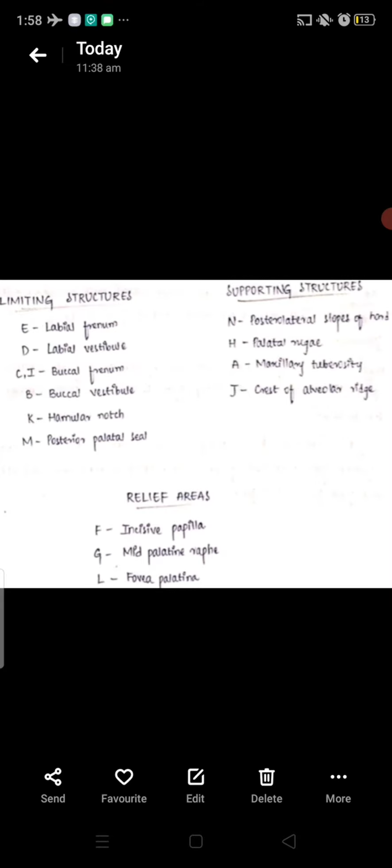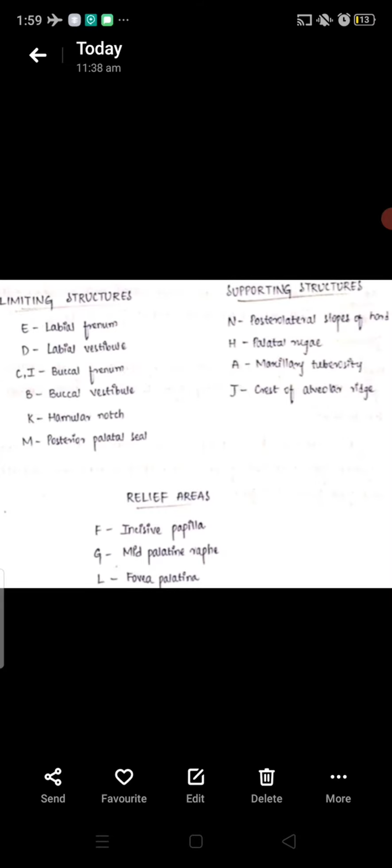Second is the supporting structures. Supporting structures are those structures which support the complete denture and resist the horizontal and perpendicular forces. We divide the supporting structures again into two: primary stress bearing areas and secondary stress bearing areas, or primary supporting areas and secondary supporting areas.